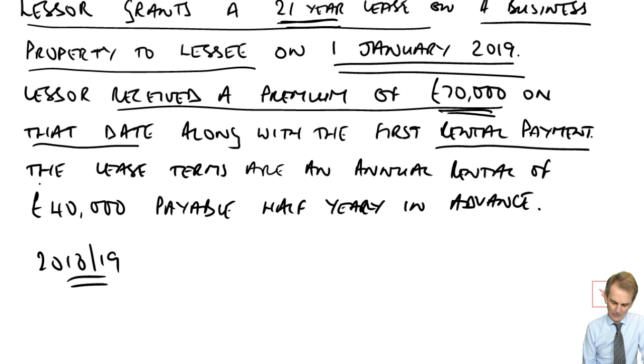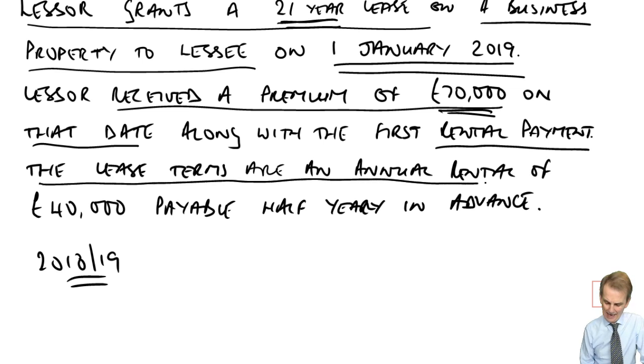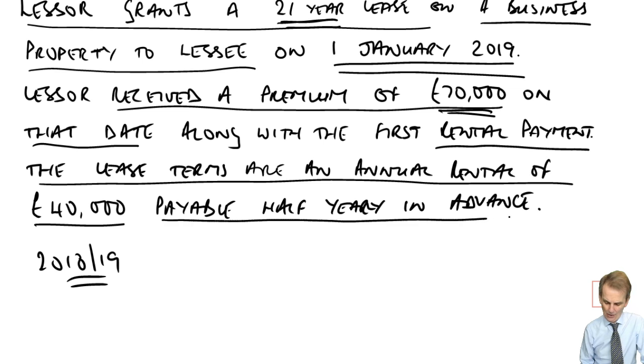So the rental payment, the lease terms are an annual rental of £40,000, payable half yearly in advance. So payable half yearly, the lease kicks off on the 1st of January 19. So we'll have received on the 1st of January 19 half of the annual rent of £40,000.